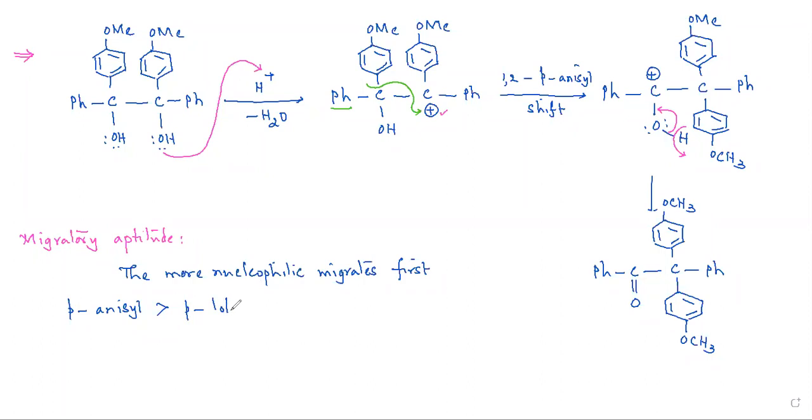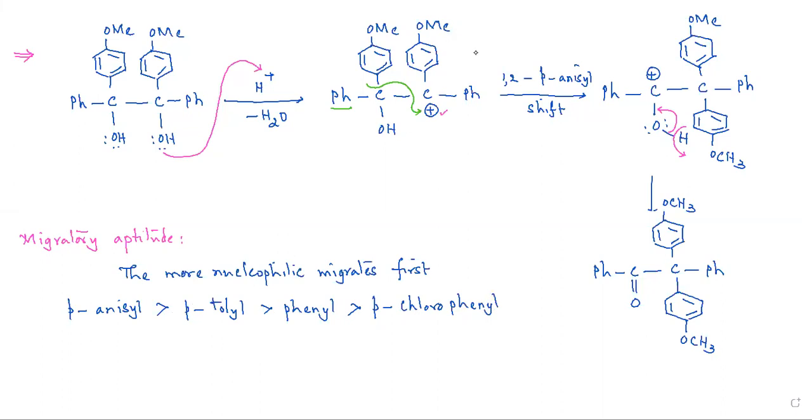Then let me take para-tolyl, I mean with methyl group, which of course is plus I and hyperconjugation. Then the basic phenyl with no group at all. Then something which is withdrawing. Okay.